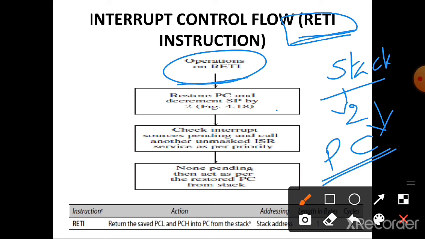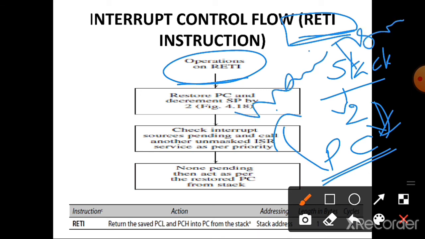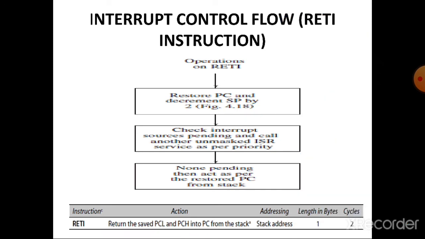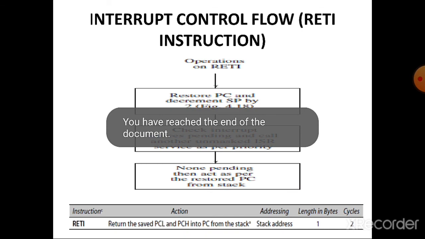Otherwise, if there is no pending interrupt, it restores the PC value from the stack and program control is transferred to the main program. So this is return from interrupt. These are examples of program control instructions, or branching instructions, of the 8051.